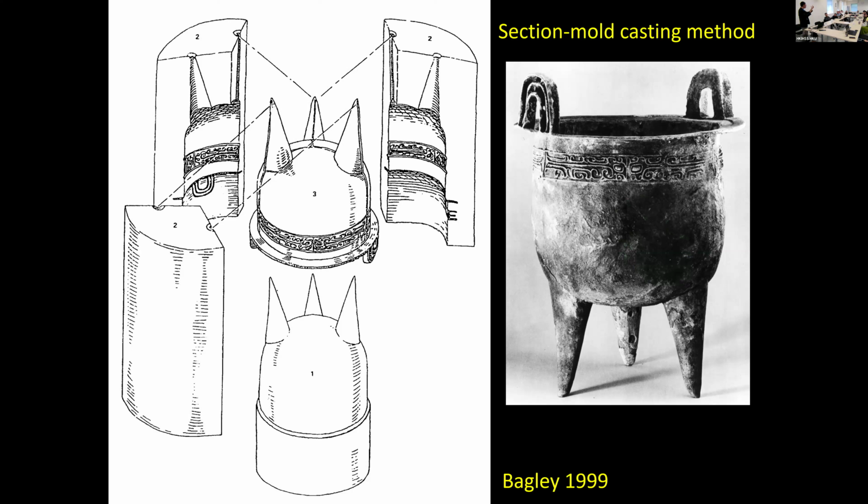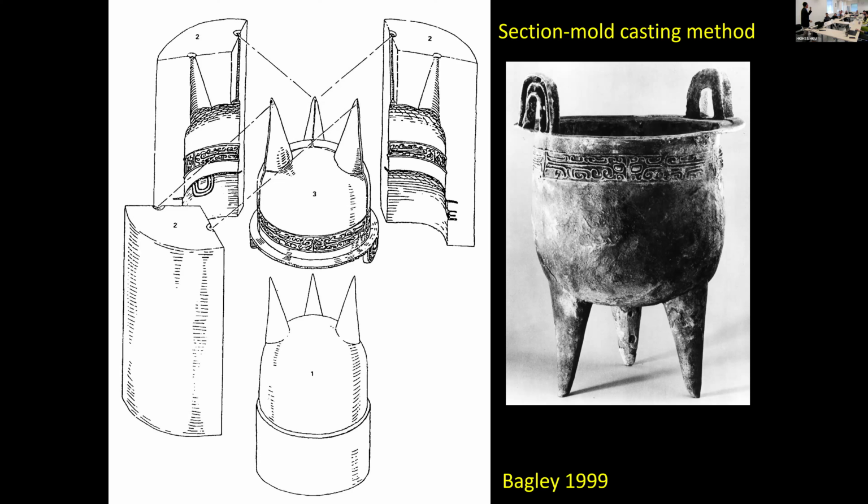If you don't want it to be a solid trunk, you insert the core. If you don't insert this clay core, it'll become a solid trunk, not a container, very chunky, very heavy. But if you insert it, remove the model, and reassemble the mold sections, you make this. So this is the section mold casting method.